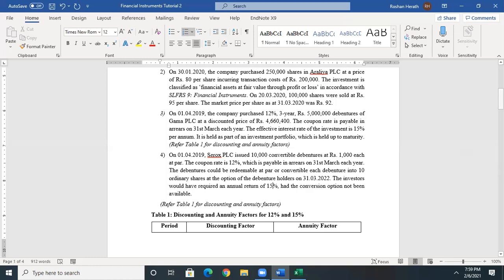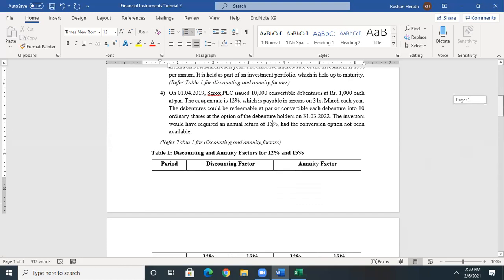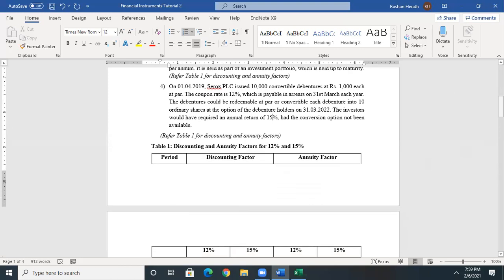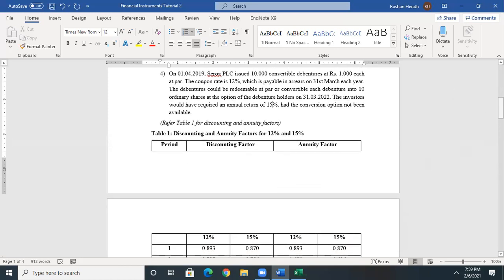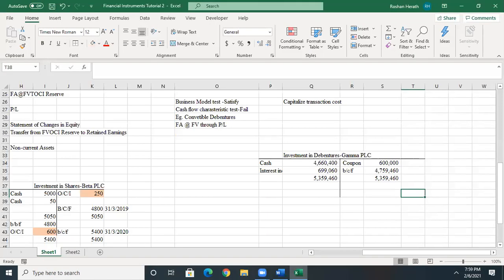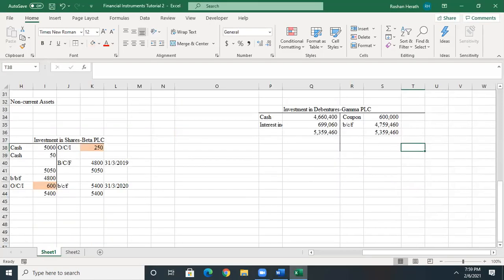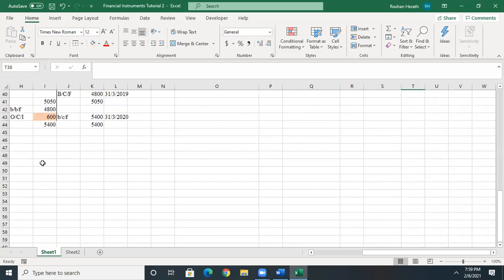So you can easily do that. In fact, we have discussed them in the last classes. For the sake of completion, let us just take them through. So it's about the convertible debenture. So let us take convertible debenture as well.